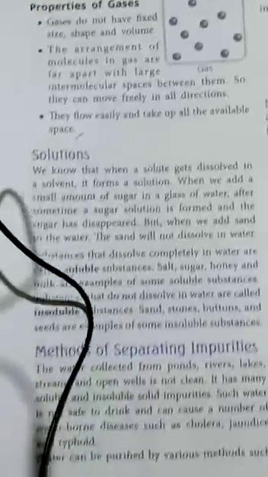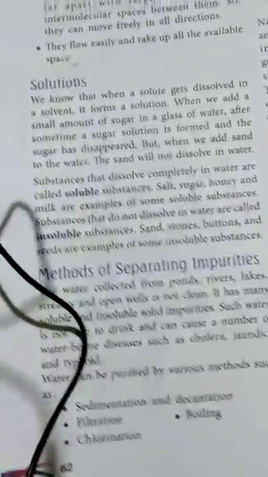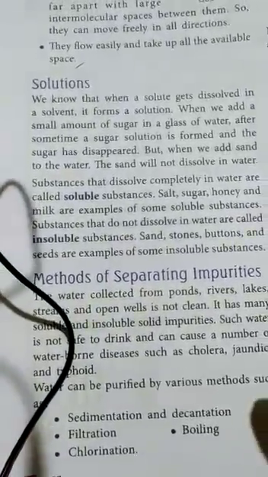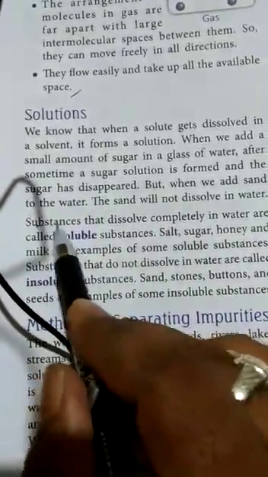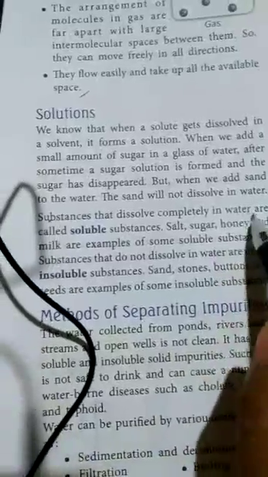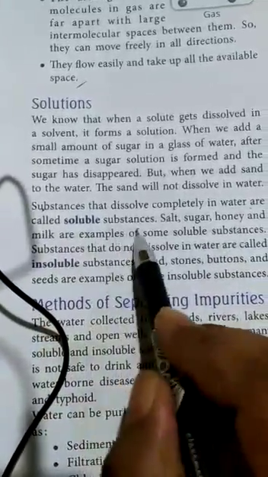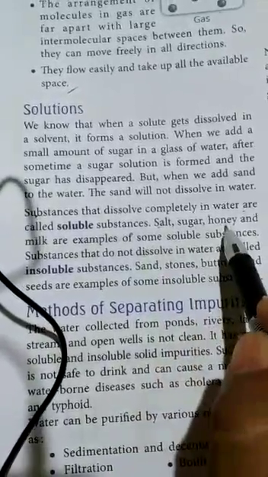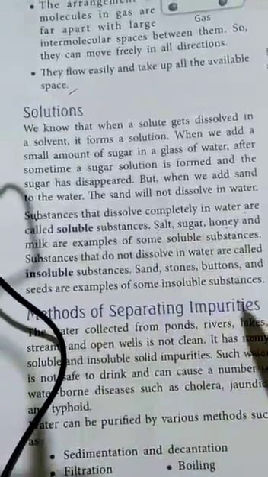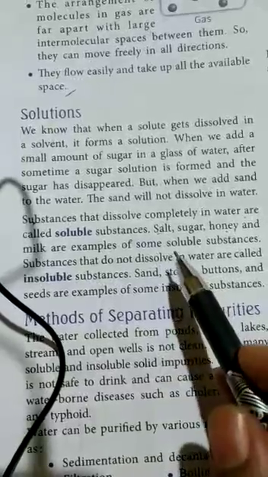Then I am coming to the next topic, solutions. Substances that dissolve completely in water are called soluble substances, like salt, sugar, honey. These are examples of soluble substances.